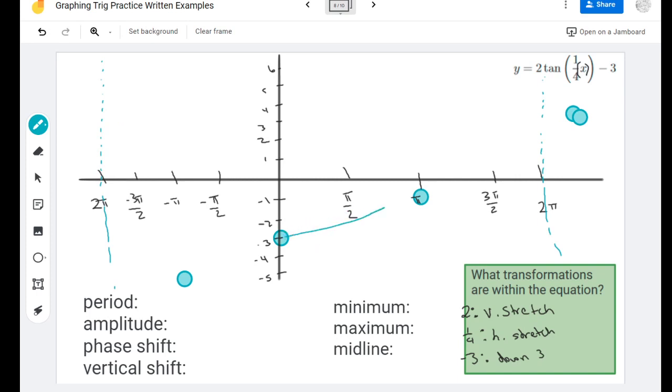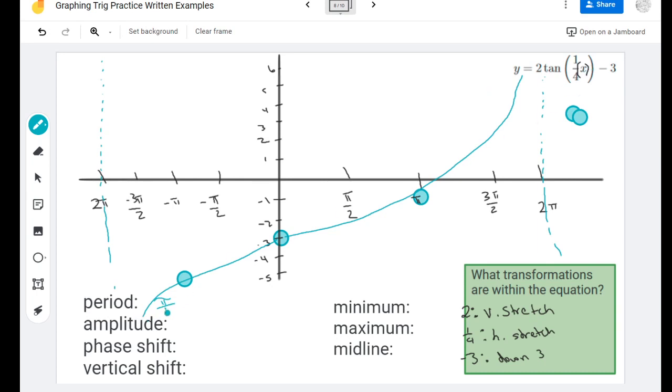This tends to be very difficult for people to draw. This one will go kind of like that. And remember, these become almost parallel to that asymptote. Alright, so our period. How long did it take to do this? To find my period, I'm going to take the usual period, which is pi, and divide it by b.